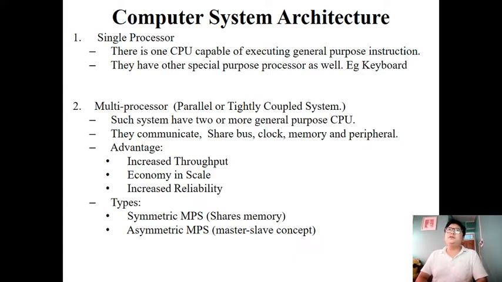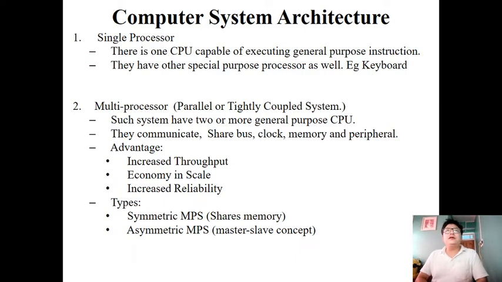In contrast, a single processor system can execute only one instruction at a time, whereas a multiprocessor system can execute more than one general purpose instruction at the same time, based on the number of CPUs available.